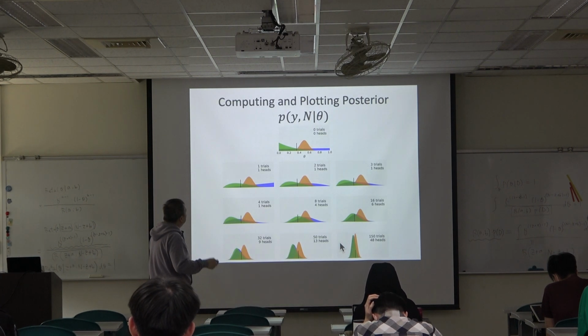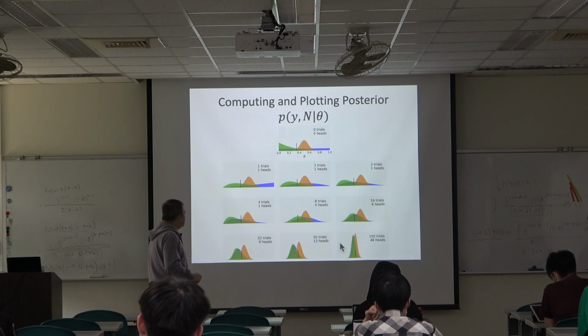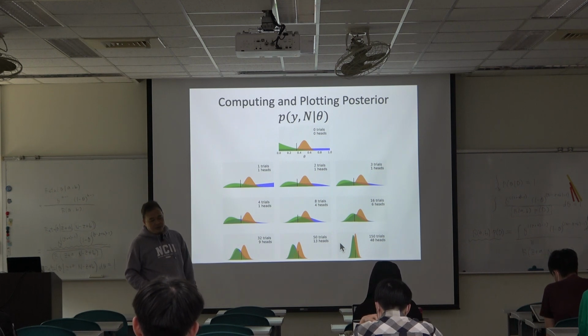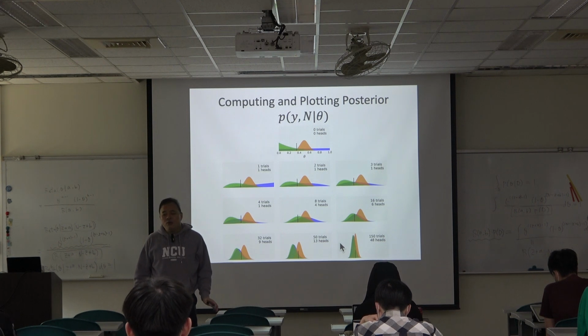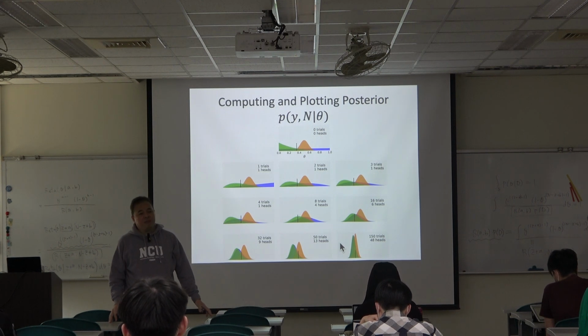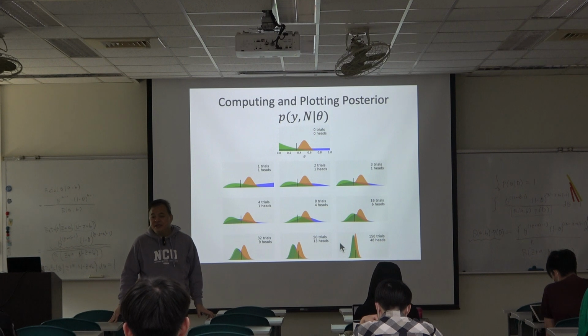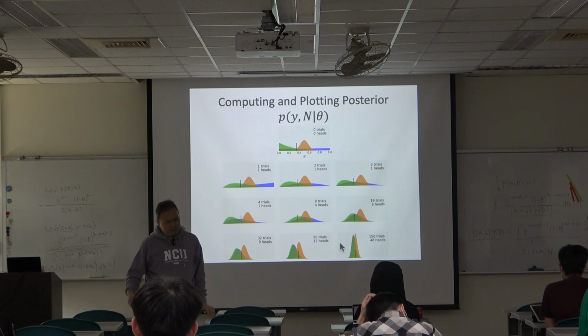So here I'm giving you an example, because now we have the posterior as a distribution, we don't need to use a numerical method to show the distribution.